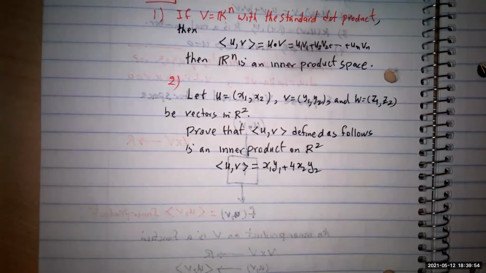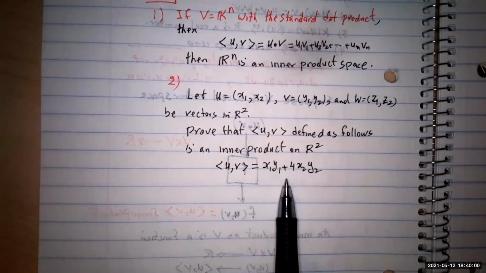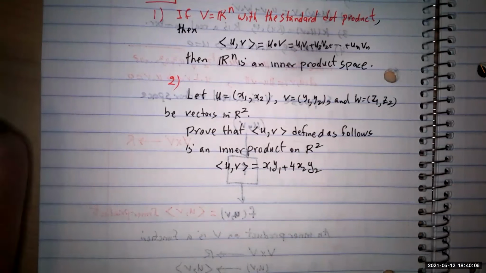They call this a weight. You see, the coefficient of the first term is 1, the other one is 4. It doesn't matter. You can use various numbers, and at the end of the day you are going to have an inner product, and sometimes they ask you to find one.